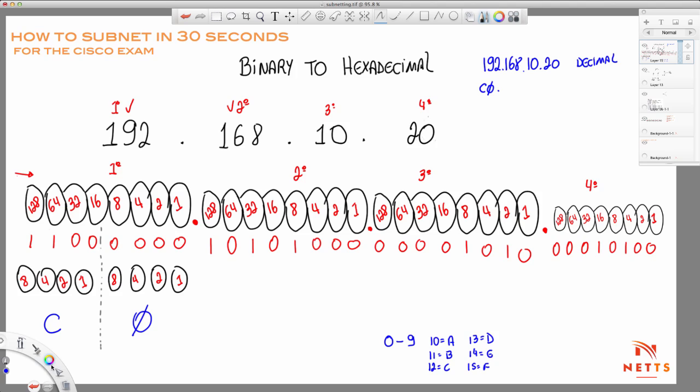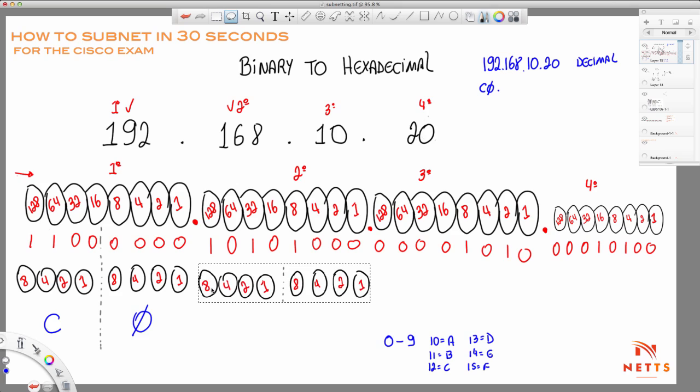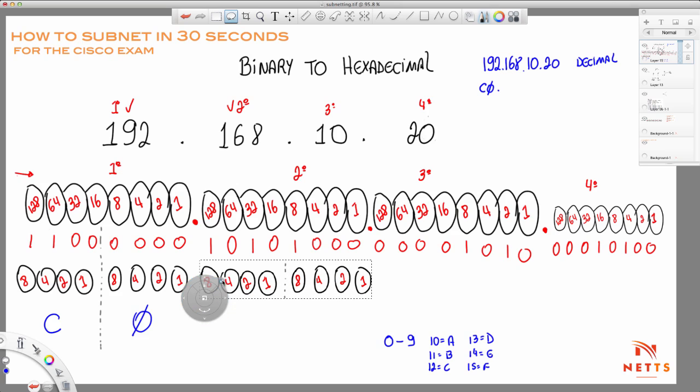For the second one, we're going to do the same thing. I'm just going to copy and paste this section in here. Let's do the same thing for the second octet. In the first 4 bits, I got the 8 turned on, the 4 off, the 2 off, and the 1 off, so I got the number 8.